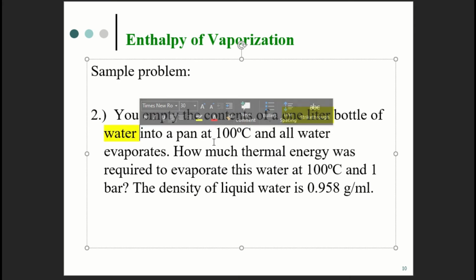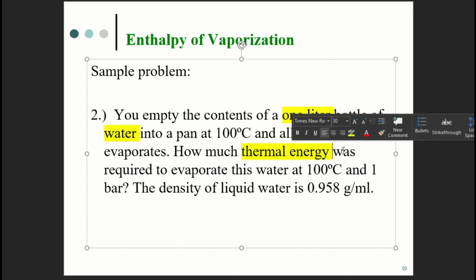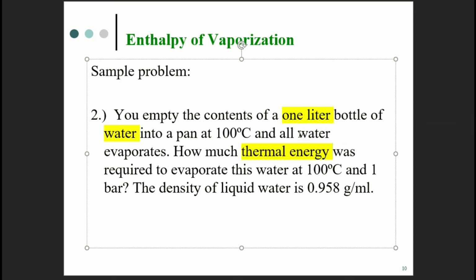We heat it in a pan at 100 degrees Celsius and let it evaporate. So, how much thermal energy are we asked to find? The energy that was required to evaporate this water at 100 degrees Celsius and 1 bar.